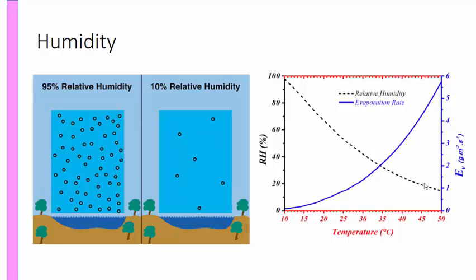So we have less water vapor in the air, and that's going to promote our evaporation rate to increase. So the higher the temperature, that means we have less water vapor in the air, and therefore we are able to utilize evaporation as our heat loss process more.